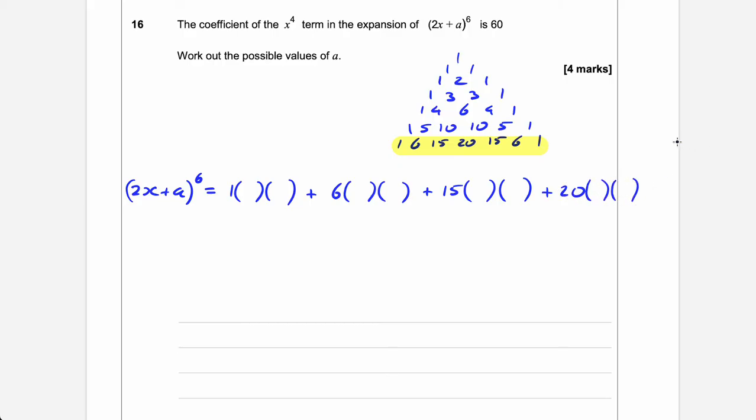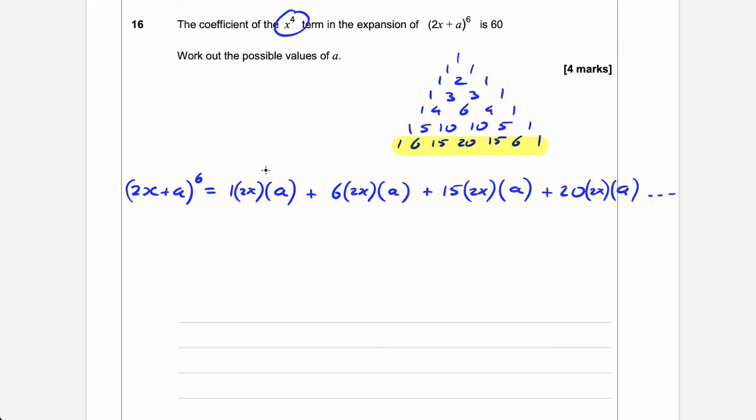Now I might stop there. This will be dot dot dot, but once you know I'm only looking for the x to the 4 term, the first bracket is always 2x, so 2x, 2x, 2x, 2x, and the next bracket is always a.